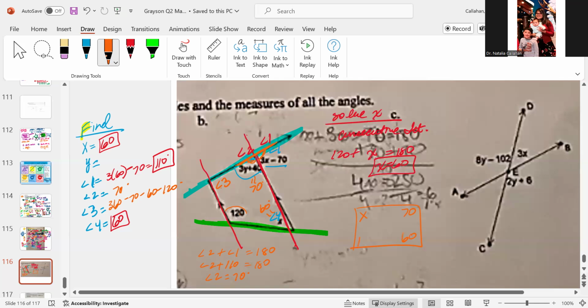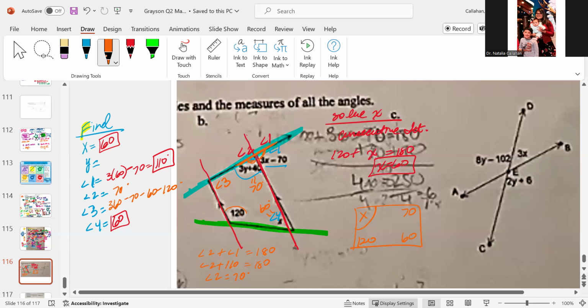This is 60. This is 120. To find this x right there, don't you need to take 360 and subtract the other 3 angles? Angle 2 plus 110 equals 180, but I didn't use angle 2 yet. You're going to use it in a second. We're not there yet. So let's find this last angle first.